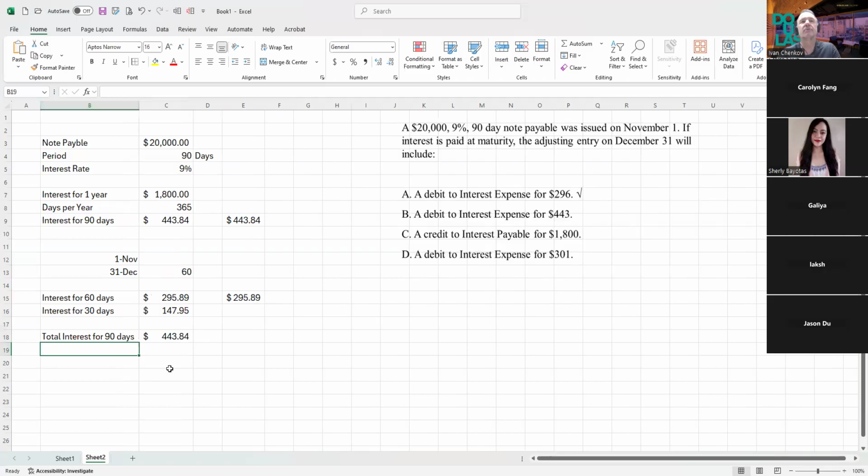So once you have all those numbers, what you have to do is just prepare the journal entry. Let's say we have to do the journal entry for December 31st. What will be our journal entry for December 31st? Which account should I debit?